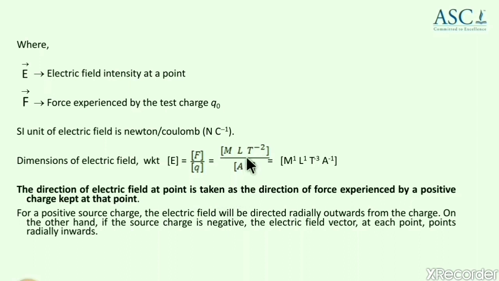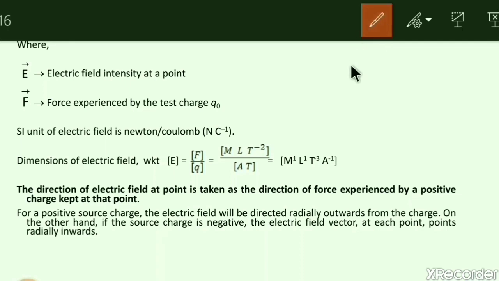See, what we have learnt in this slide is, suppose you have a charge Q, this one is a capital Q, that is the source charge. Around it, it has its effect, that is what we call the electric field. And to measure that electric field, we have a term electric field intensity.